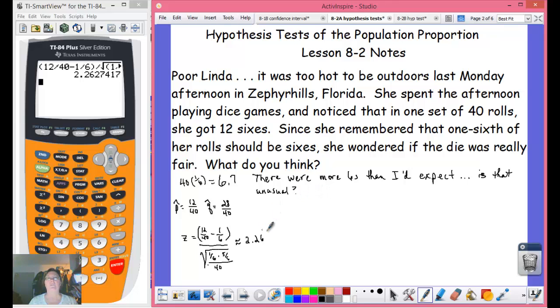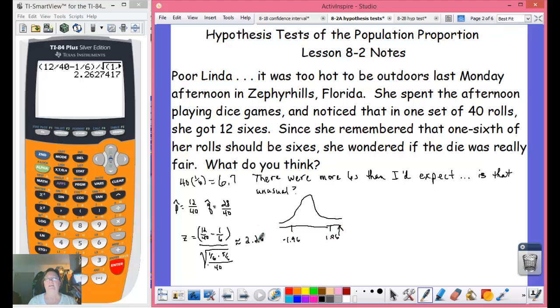And folks, the question is, is that unusual? Well, unusual depends on what you're comparing to. So I'm going to ask you to think about what we've done previously in our z comparisons. Likely values, if we're talking about 95%, are somewhere between negative 1.96 and 1.96 in the z, and mine is definitely beyond that.